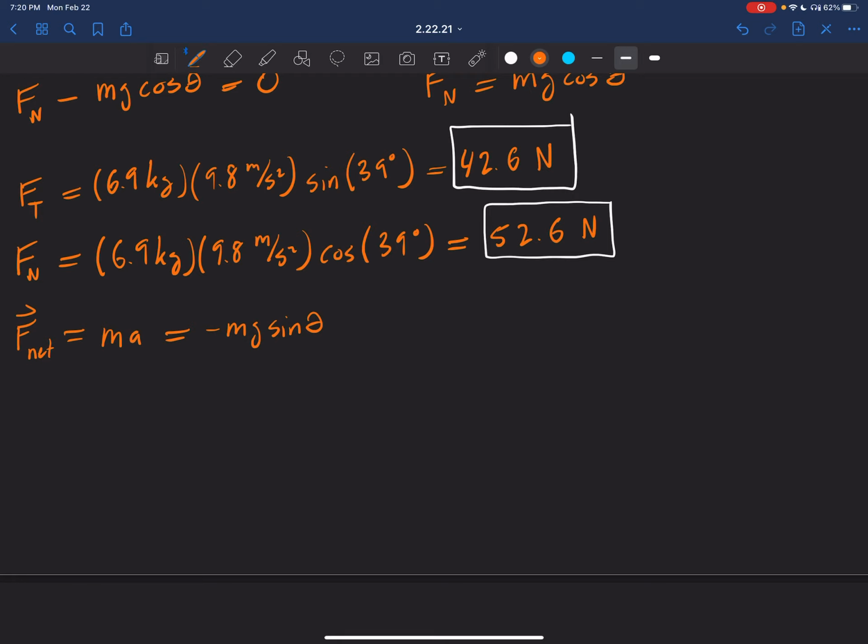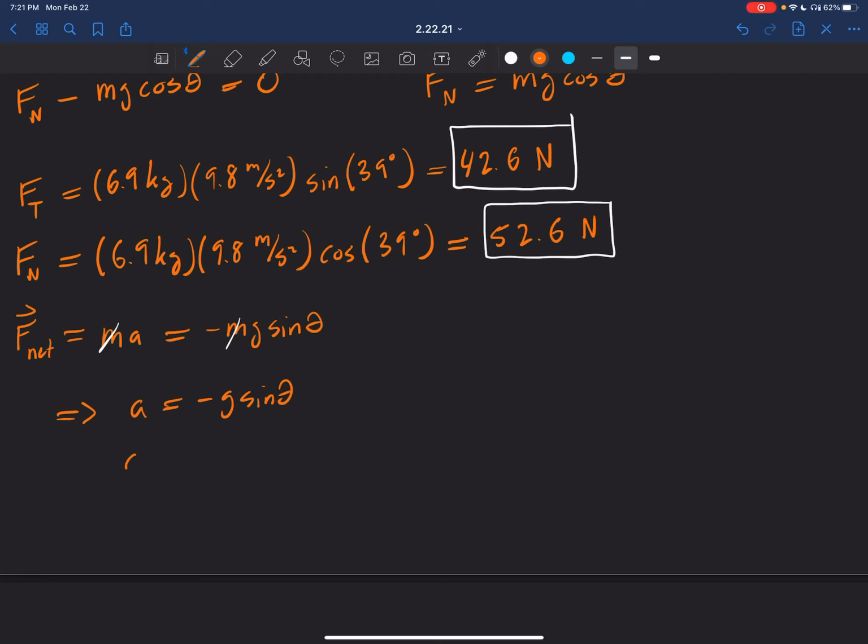We can cancel out the masses, and so our acceleration is minus g sine theta. We can solve that.